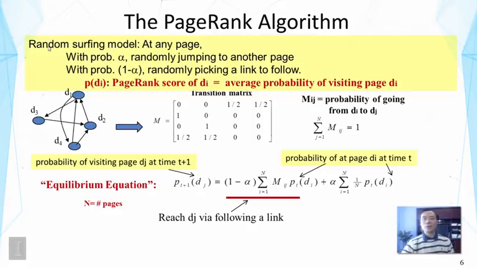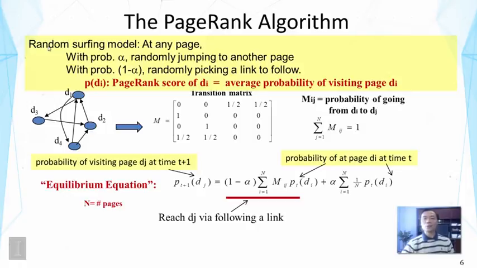But the main part is really a sum over all the possible pages that the surfer could have been at at time t. Right? There are n pages, so it's a sum over all the possible n pages. Inside the sum, it's a product of two probabilities. One is the probability that the surfer was at di at time t. That's p sub t of di. The other is the transition probability from di to dj.